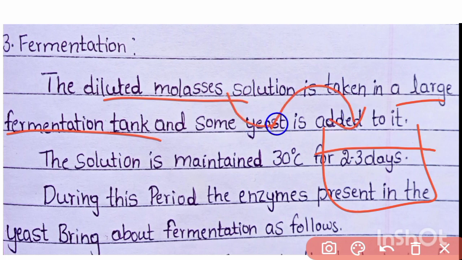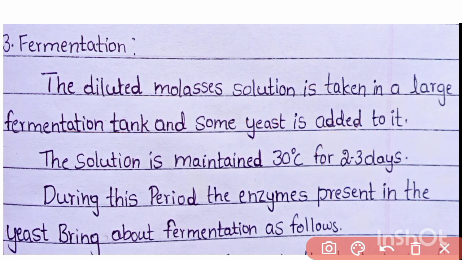After this we add some yeast, and the tank is maintained at 30 degrees Celsius for 2 to 3 days. During this period, enzymes present in the yeast bring about the fermentation. Mainly two enzymes participate: one is invertase and another one is zymase.